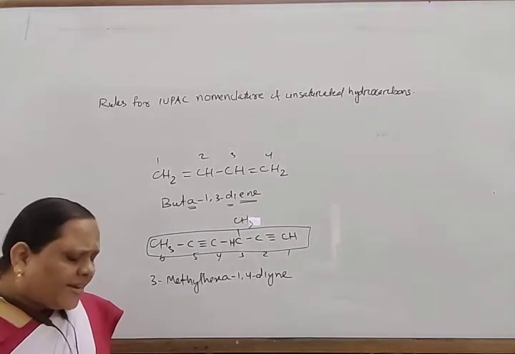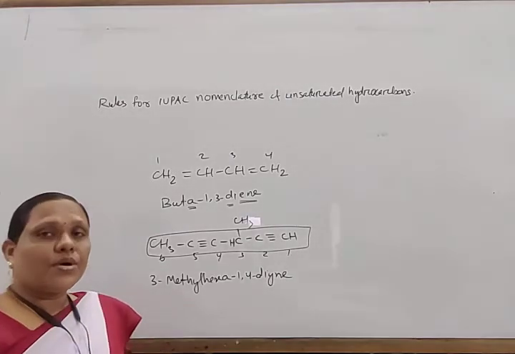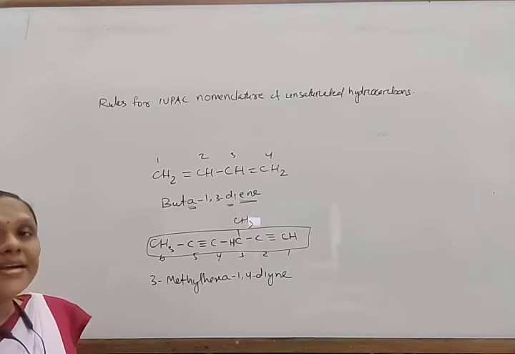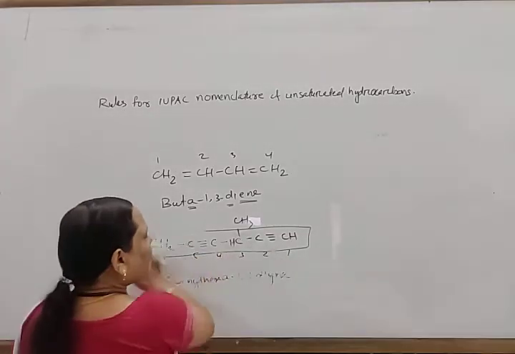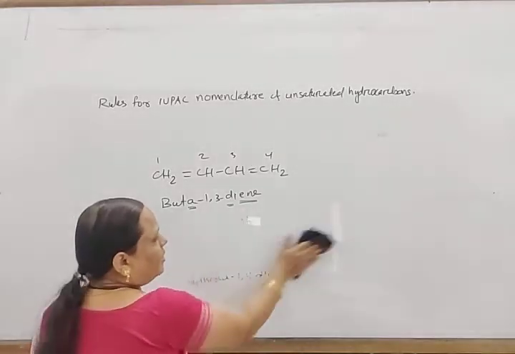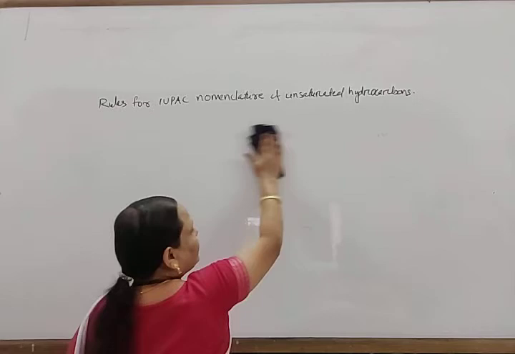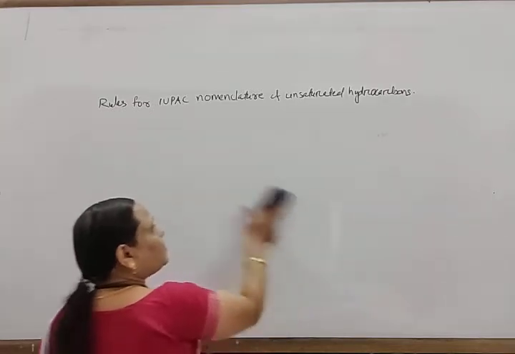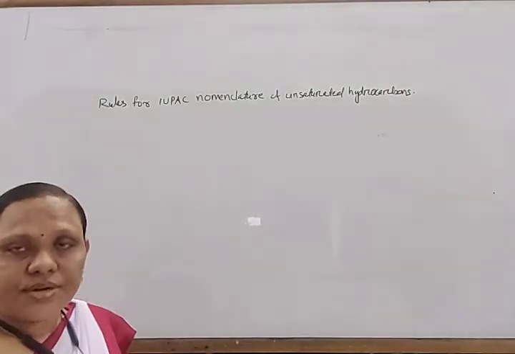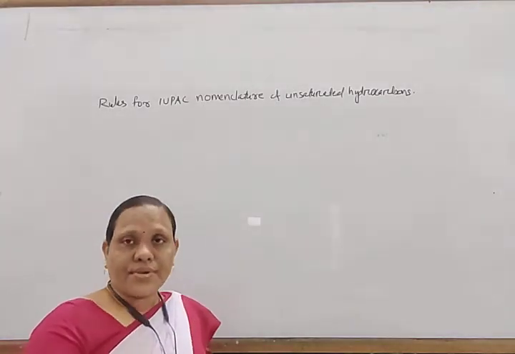Okay. Next, if both a double bond and a triple bond are present in a carbon chain, then what to do? First you have to choose their position, their locant.